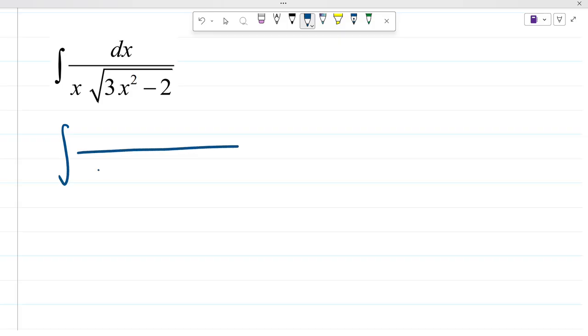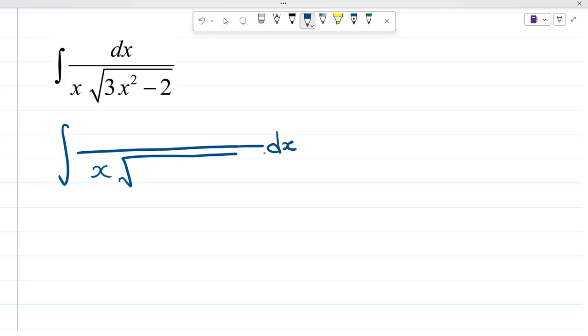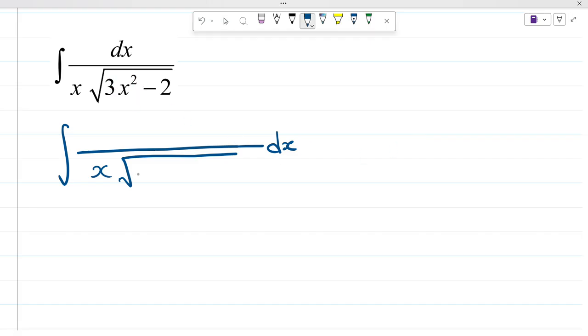So this is going to be, okay, we have x here. We can just leave it there, and then inside here we're going to force this whole thing to be f of x somehow. So let's rewrite 3 in the form of something squared. So 3 is the same as square root of 3 squared.